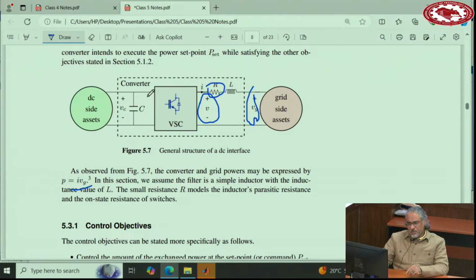Or the power on this side, doesn't matter. So for that reason, there seems to be no ambiguity here about where you define the power. With infinitesimal difference, you can define it here or here. Here is more convenient because Vg, the voltage here, if it's a grid voltage, normally it's fixed and it's given, so it will make the analysis and the design easier.